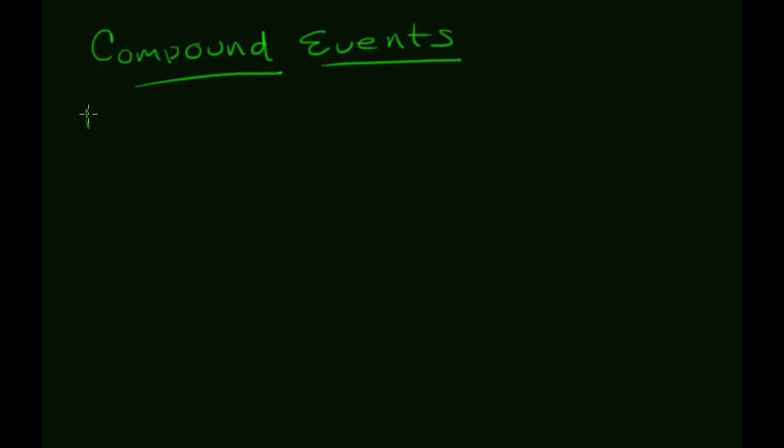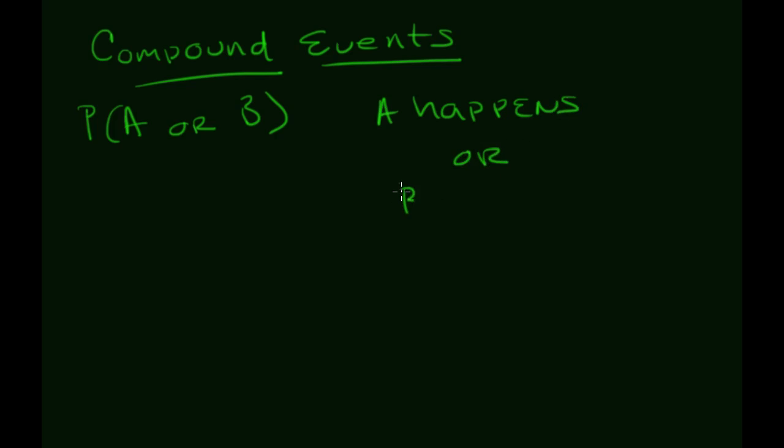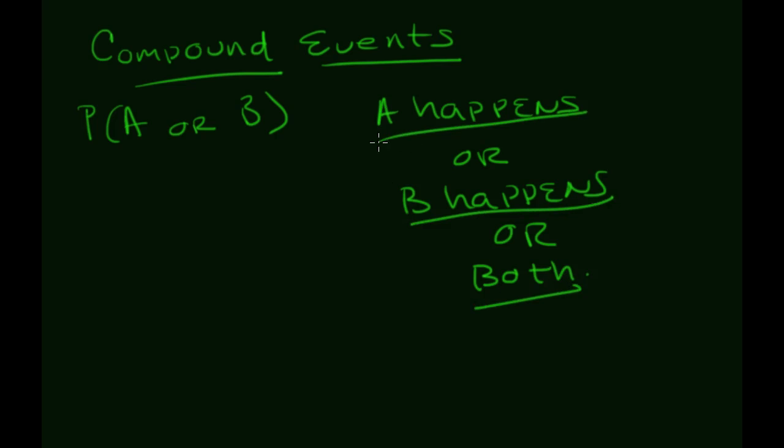So if I have the probability of A or B, I am indicating that in a single trial, what is the probability that A happens or B happens, or they both happen.